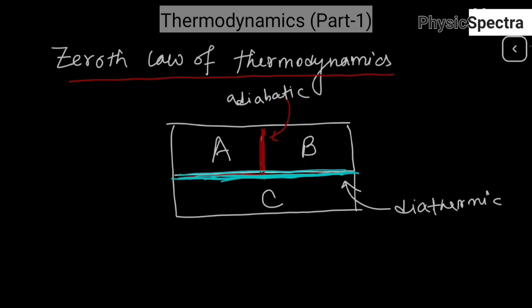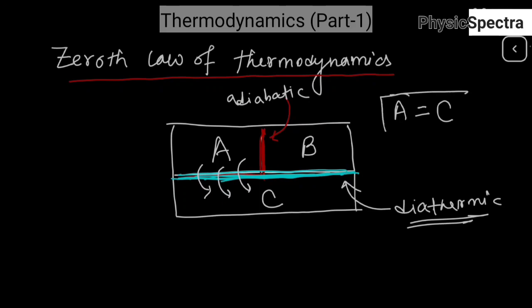So what happens is that this A and this C are in thermal equilibrium. Since we are considering diathermic wall between A and C, heat will get transferred from A to C or vice versa, leading both of them to be in thermal equilibrium. So A and C will be in thermal equilibrium eventually.